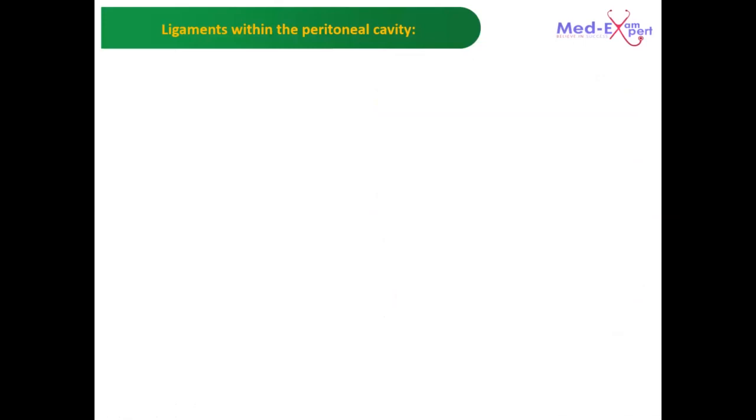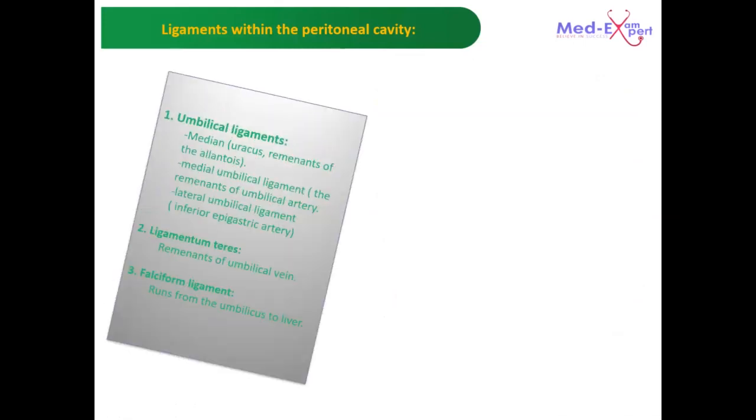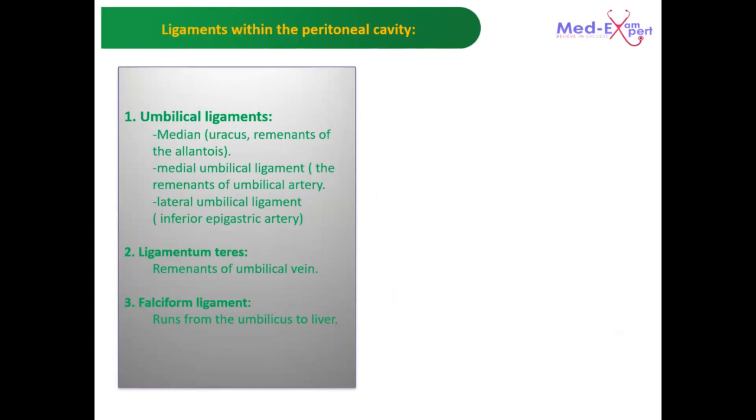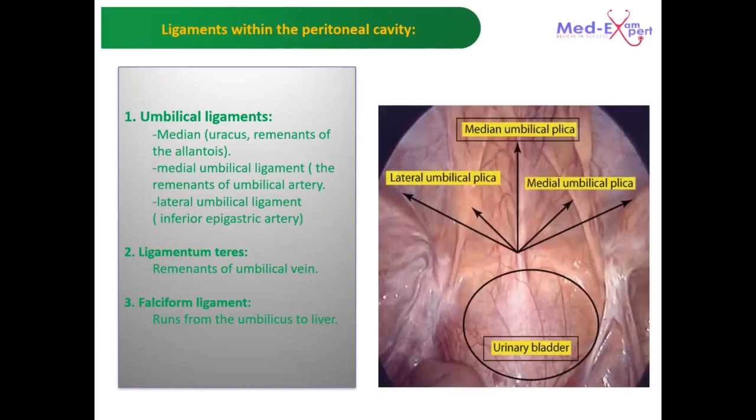Okay, it's important to mention what are called the ligaments of the peritoneum, okay? It's a bunch of ligaments that it's crucial to know for single best answers, okay? Umbilical ligaments: the median umbilical ligament, the medial umbilical ligament, and the lateral umbilical ligament.